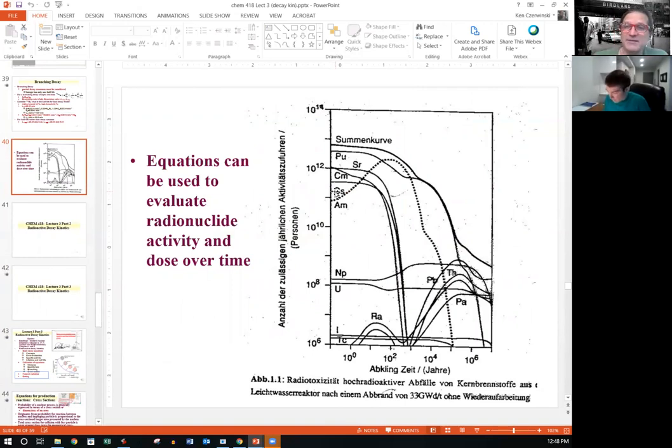It's the energy deposited per unit mass. So I need to know something about the activity, the energies that are given off, and the ranges of those particles in the matter, right?